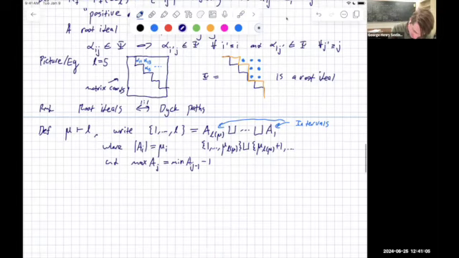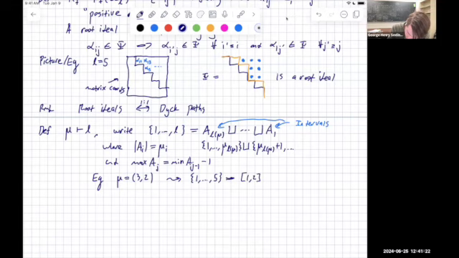Right, so maybe just an example. I feel like examples always illustrate things a little better. Like if mu is, say, 3, 2, which is a partition of 5, then my set 1 up to 5 is going to be the interval 1 to 3 and the interval 4 to 5. And I mean the combinatorial intervals here, so I'm just taking integers.